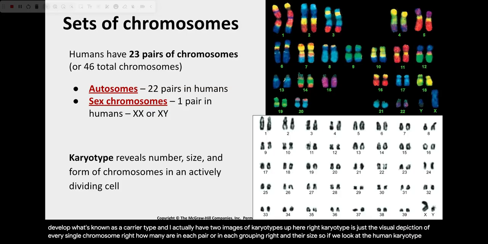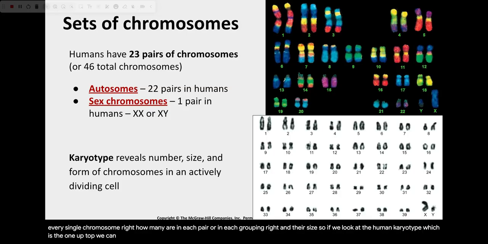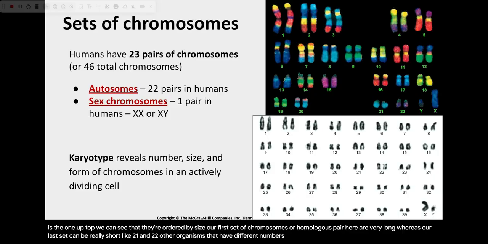If we look at the human karyotype, which is the one up top, we can see that they're ordered by size. Our first set of chromosomes, or homologous pair here, are very long, whereas our last set tend to be really short, our 21 and 22. Other organisms have different numbers of sets of chromosomes, like this one down here, which comes from an organism that actually has 40 sets of chromosomes, so it's not a human.